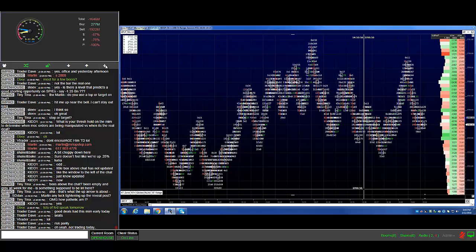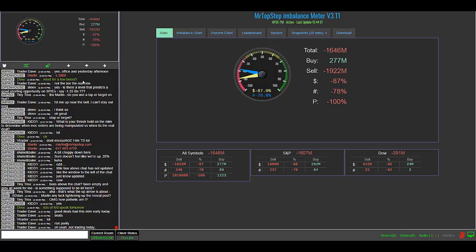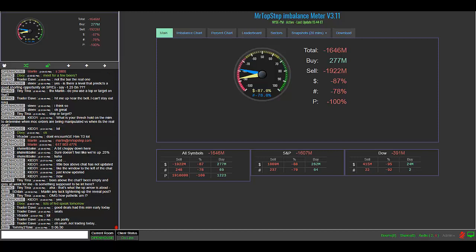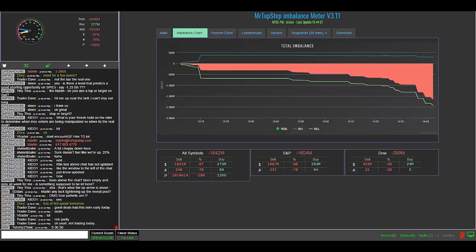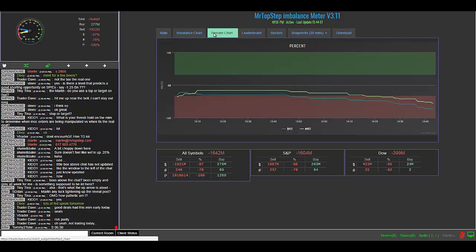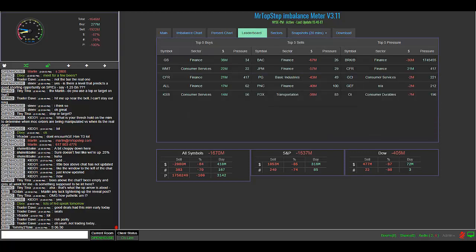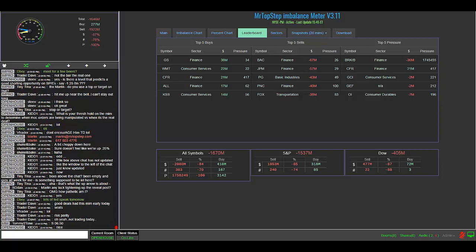That is 78% of all the symbols are selling. And it's 1.67. Selling at 1.67.